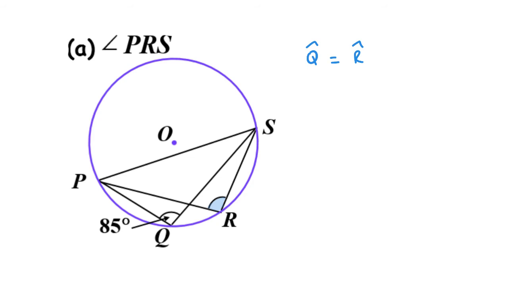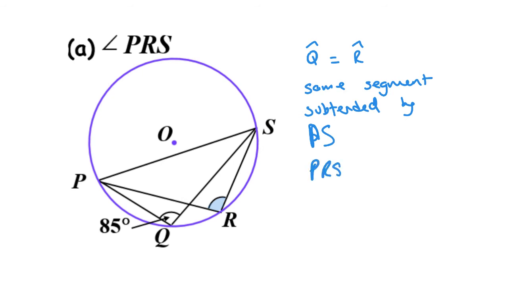They're equal because they are in the same segment and subtended by AB, or PS, sorry, in this case. So angle R, or PRS, is going to equal 85 degrees. And the other way to think about that is it's the butterfly rule.